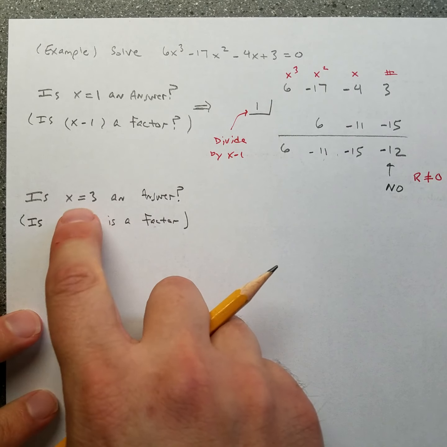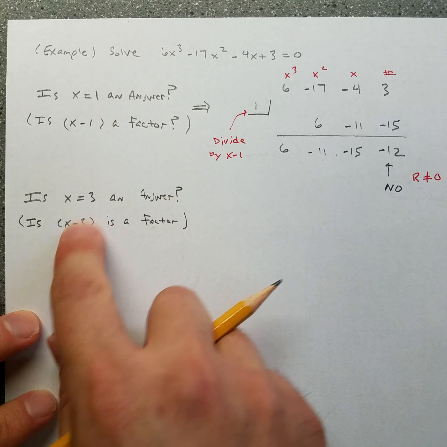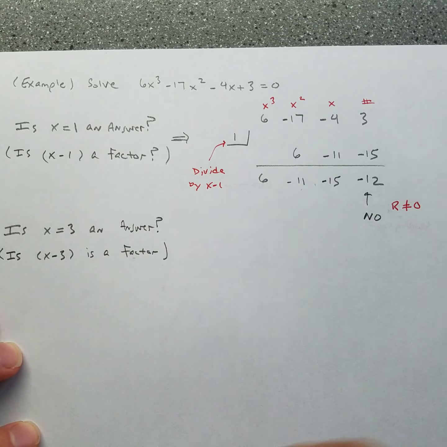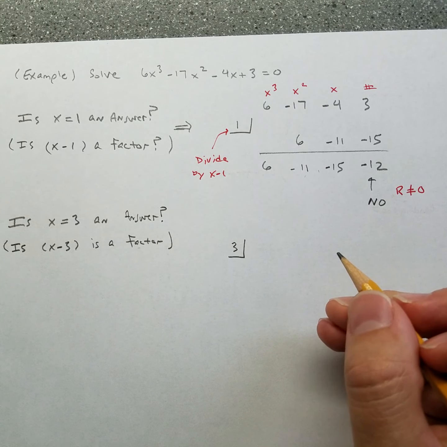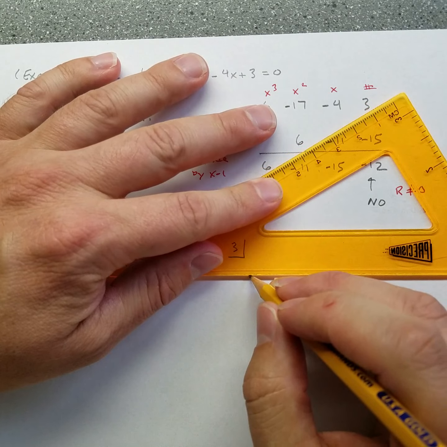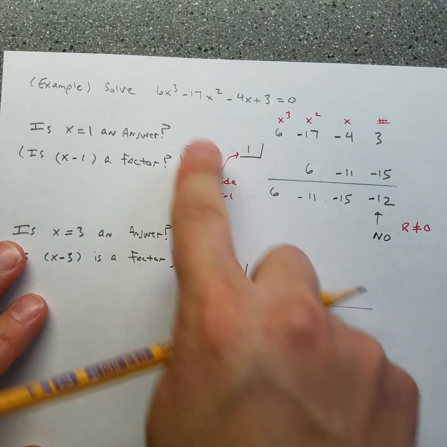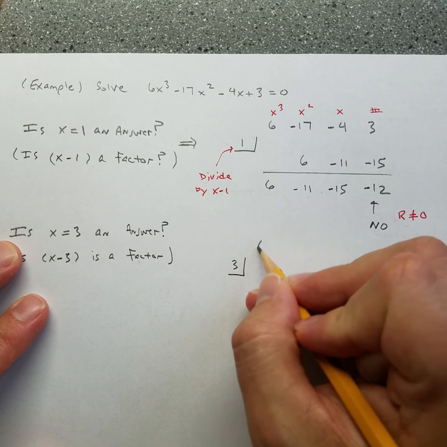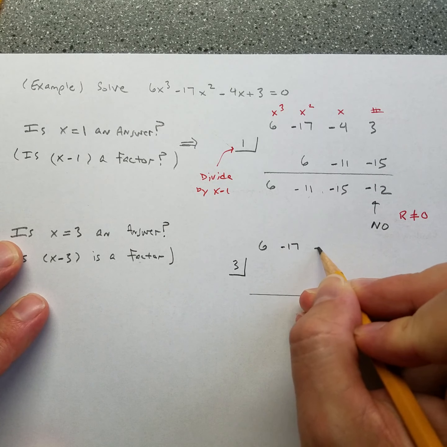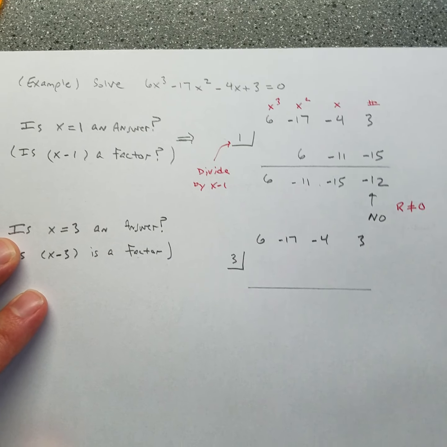So how would you set it up to see if x minus 3 were to divide that? You would put a 3 here. We would draw a line. We're dividing into 6x³ minus 17x². So just like up there, we'd say 6 minus 17 minus 4 and 3.